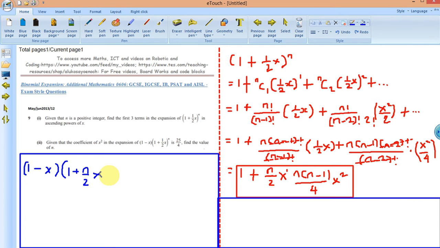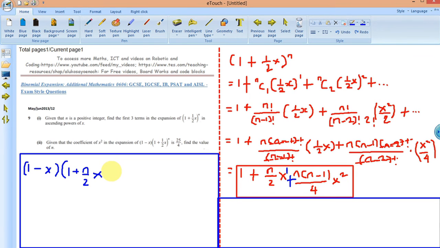I think I'm going to open up this one. For some reason I put this with no operator in between. Because this is half raised power 1, there should be a plus here. Sorry about that. This is raised power 1, but it's uncalled for. I just want to confirm that it is in ascending power of x, that's why. Okay, so let's continue now.